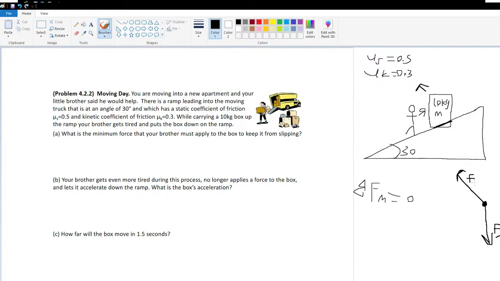This is force normal. And we know there is friction in this problem, so the coefficient of static friction is 0.5. Due to gravity, this thing is going to want to slide down the ramp, and friction opposes motion, so friction points up the ramp in this direction.